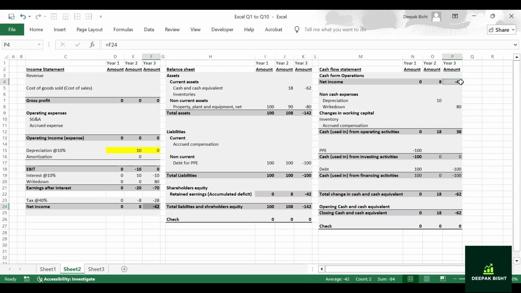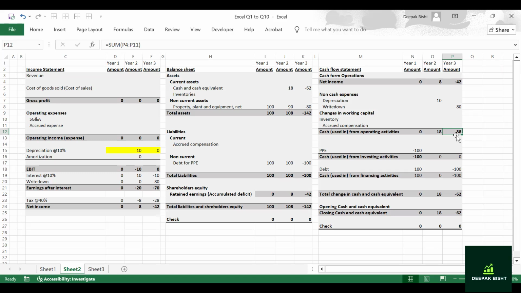Here the net income will be linked, and the write down will be added back. There will be a cash flow from operations of $38. In the cash flow statement, there was the PPE investing of $100 and the debt was raised by $100, raised and invested.